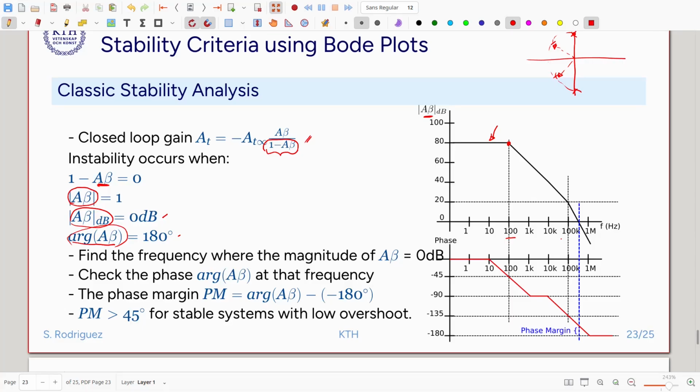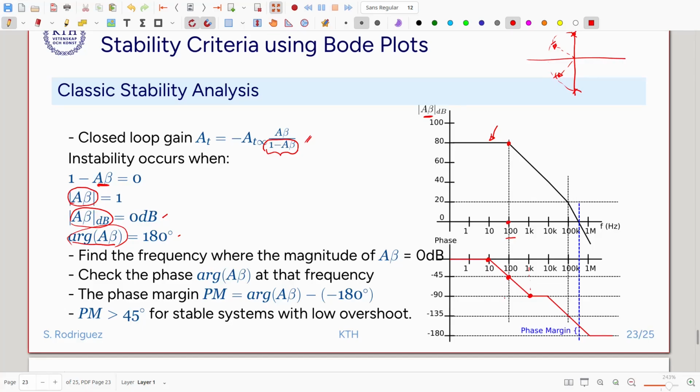So we can see here that exactly under pole 1 the phase of the loop gain has shifted minus 45 degrees. It starts shifting 1 decade before at 10 Hz, and it finishes shifting to minus 90 degrees at around 10 times the pole frequency.